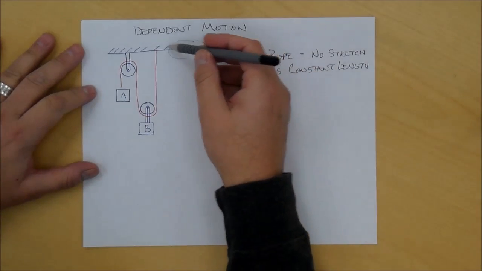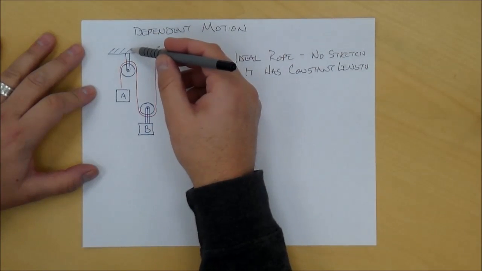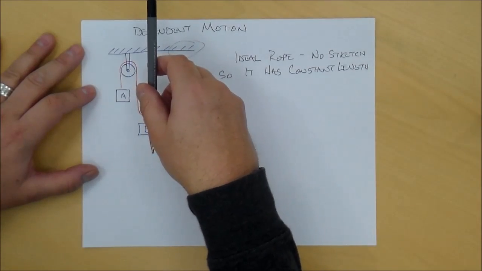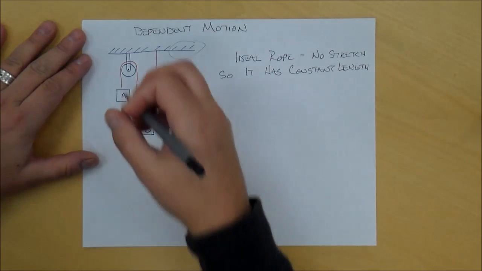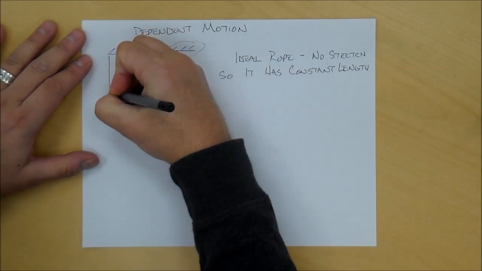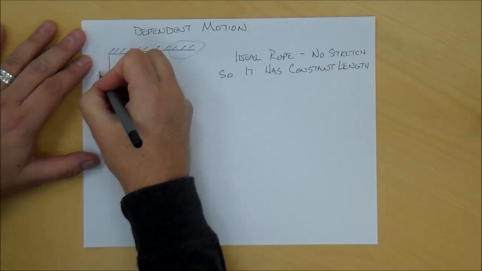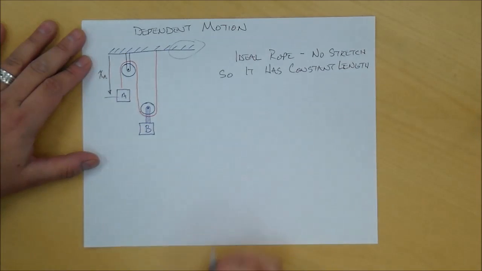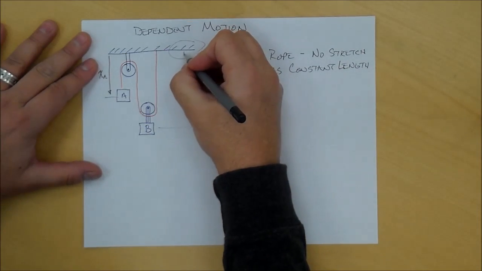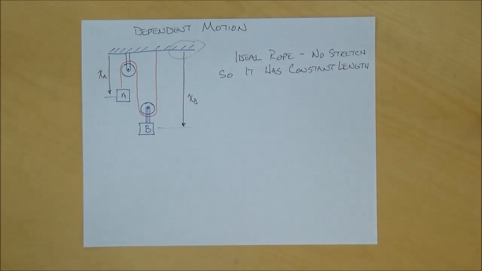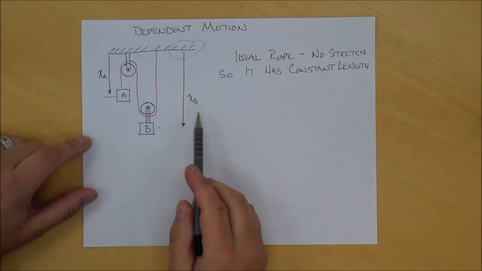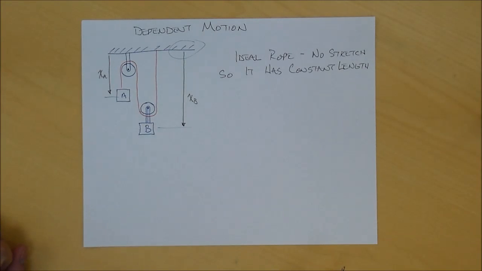In this case, our origin is the ceiling, and positive will be downward. So the position of block A looks like that, x sub A. And the position of block B, down from the ceiling, looks like that, x sub B. These are the two positions we're interested in, and we want to come up with a relationship between them.